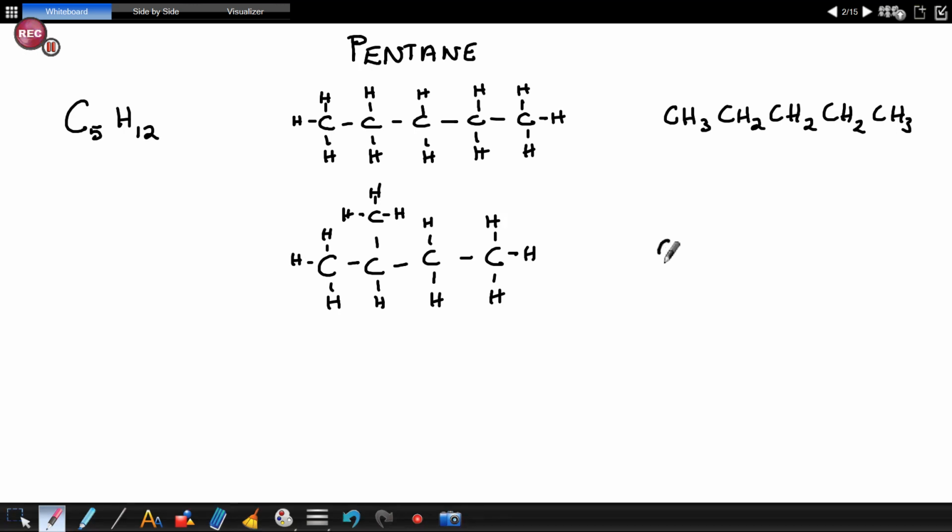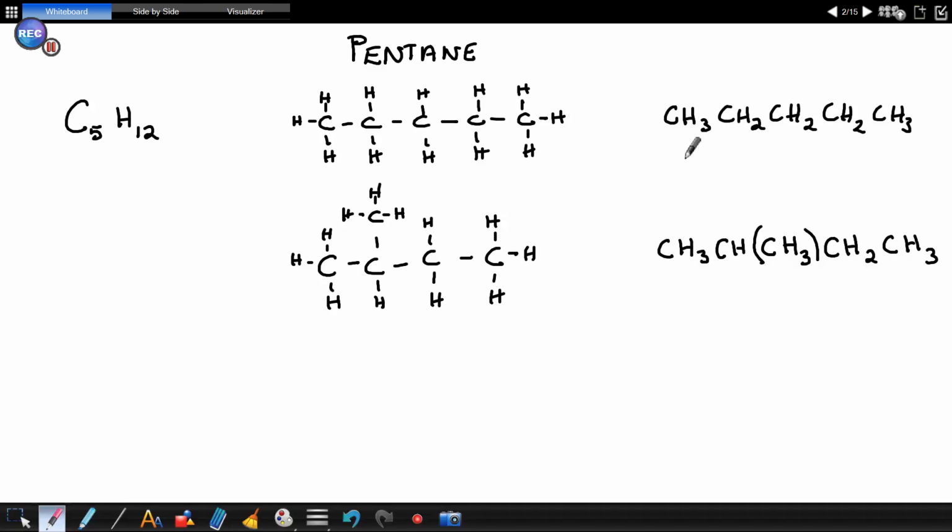The first carbon has 3 H's to it. The second carbon has 1 H to it. Can you see that? But then it's got a side chain with CH3. And then it's got CH2, and then it's got another CH3.